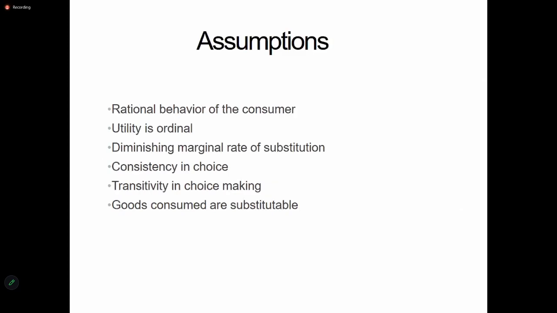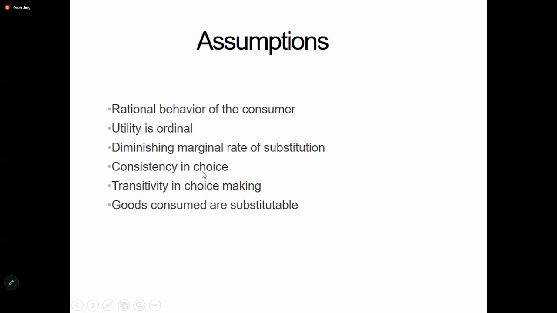Then there are assumptions in the ordinal approach. Normally, rational behavior of the consumer. Utilities here are ordinal, because before we thought of cardinal, which can be measured. But here it is ordinal, it cannot be measured, because we are assuming diminishing marginal rate of substitution. I am also showing you some calculations here on how the marginal rate of substitution works. On the very first day we also discussed these things in brief.